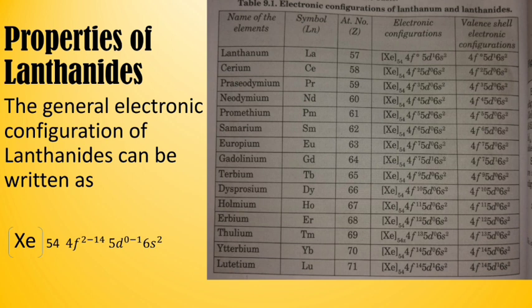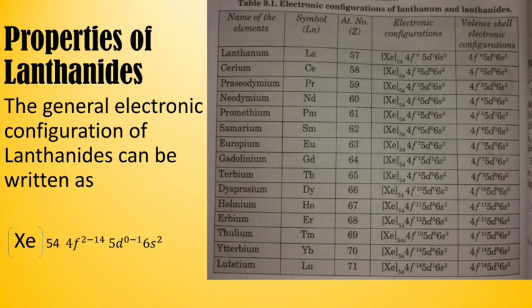You can see here in the table, the 5d orbitals have 0 electrons except for gadolinium and lutetium. This is due to the stable configuration of gadolinium. It is half filled, and in the case of lutetium, the 4f orbitals are completely filled.